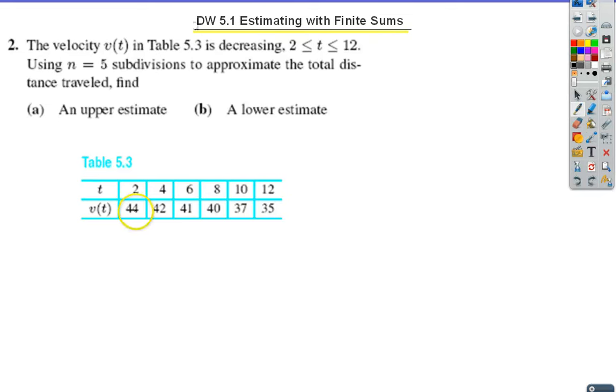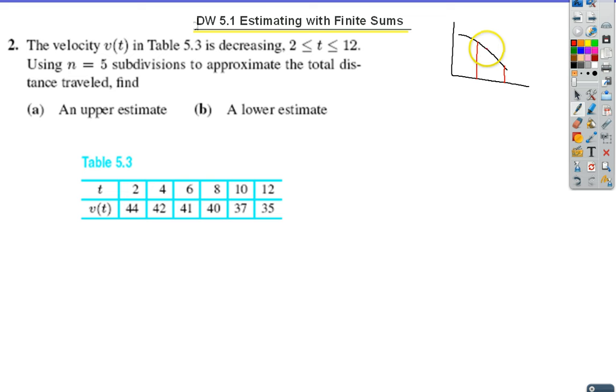So you take a look at the table. What's happened to my velocity? My velocity is decreasing. So if you want to, you draw yourself a little sketch. Here's my sketch of velocity decreasing. And now I have to think to myself again, what is an upper estimate? So I have two ways to do this, a left-hand limit and a right-hand limit. Here's my interval, here's what I'm trying to find.